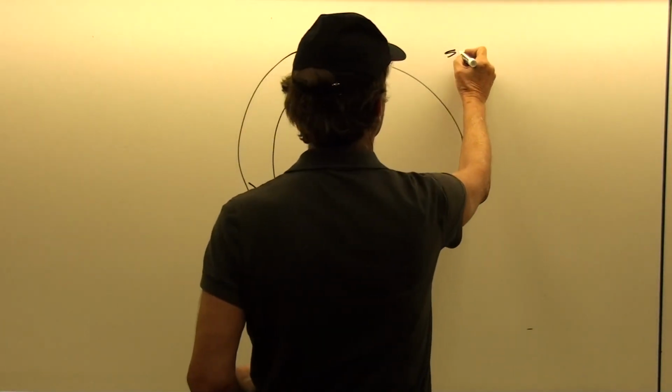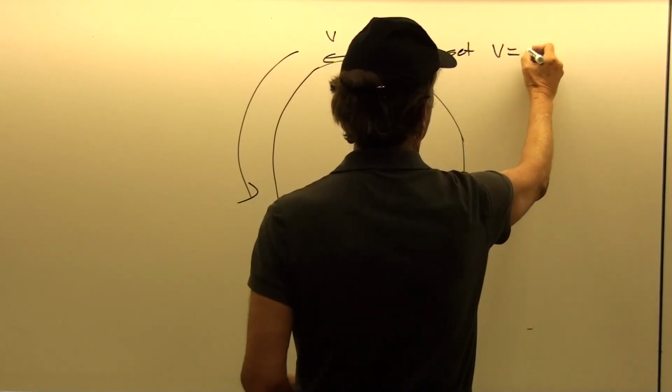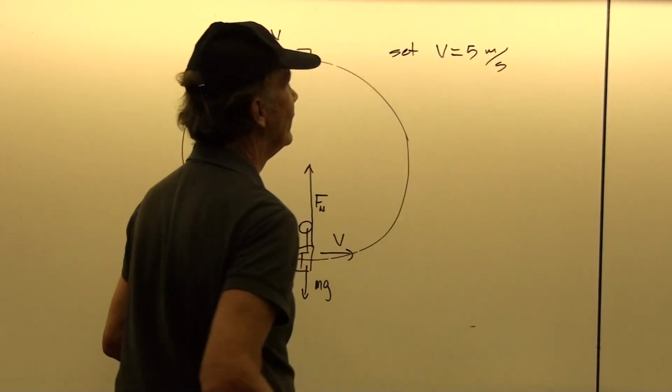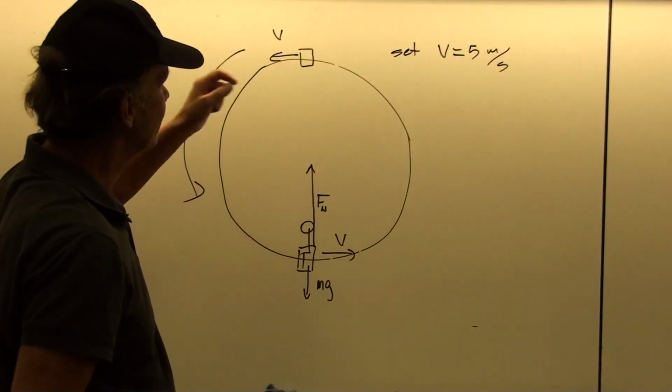Let's say that v for the Ferris wheel is 5 meters per second. So that's pretty fun, about 10 miles an hour. It's movement, with a big radius too.